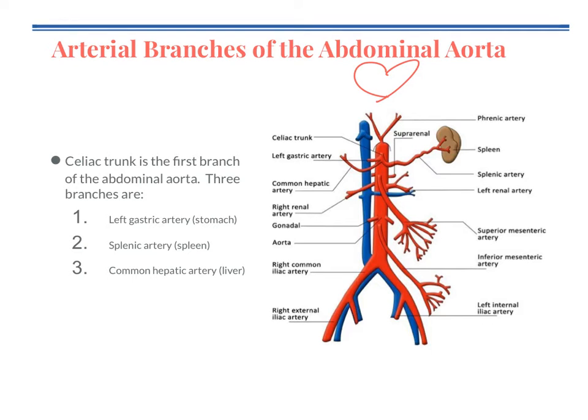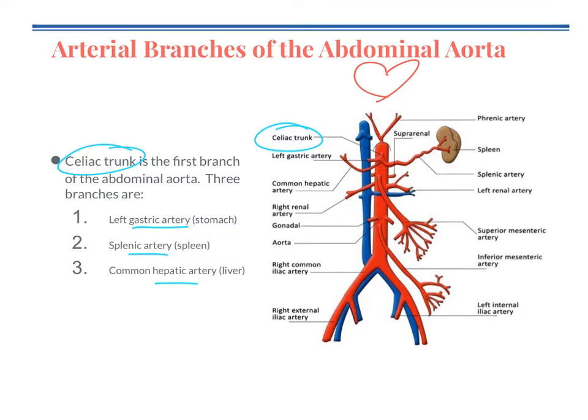So as we travel inferior to the heart and we follow the aorta down, the celiac trunk is the first major branch of the abdominal aorta that we get to. And you do not need to know the names of the separate branches that you see here. What I might ask you is where does the celiac trunk take the blood? So the celiac trunk, which you see here, branches 3 times.